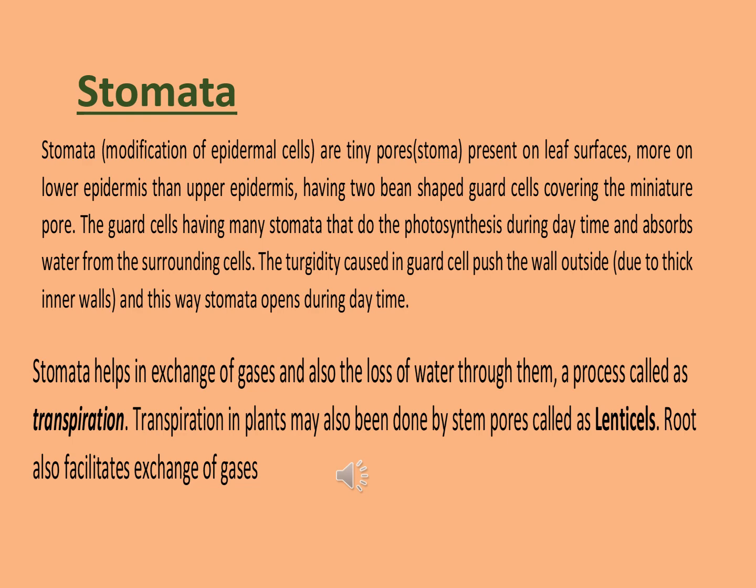It is in order to check the loss of water through transpiration. If more stomata were present in the upper epidermis, then the loss of water would be higher and the plant would die of desiccation.